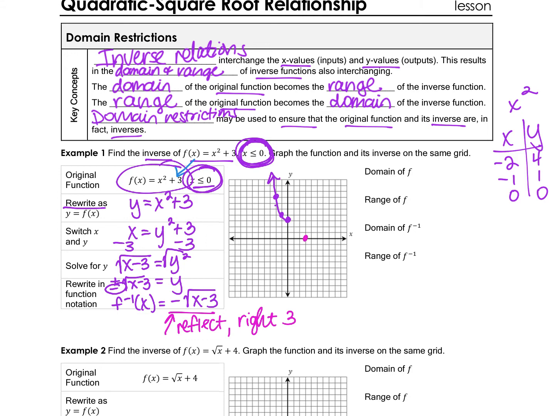But instead of right 1, up 1, it's going to be right 1, down 1 because of the reflection, right 4, down 2. So you have to remember your parent function values. I'm going to label it, and this was my f. Now, remember when we discussed inverses? Inverses are a reflection over the line y equals x.